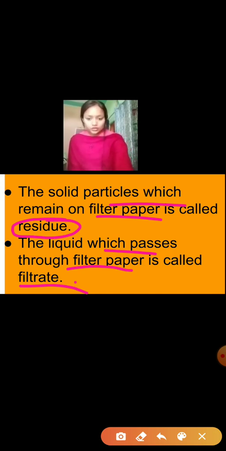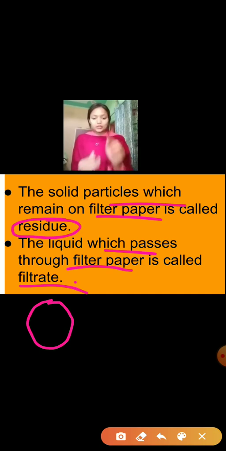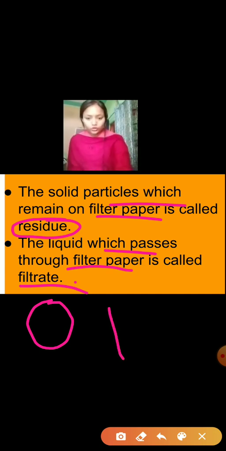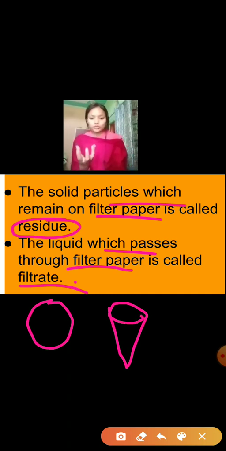Okay, so filter paper is generally circular in shape, and we fold them and form like a cone. We fold them in a conical shape and then we put them inside a funnel, and then on this we pour water, also the solution which we have to filter.